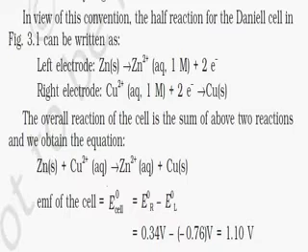Now let us take an example of the Daniell cell, because you are familiar with the Daniell cell. To understand this, see page number 69 of your textbook. The left electrode, that is the oxidation half reaction, can be written as Zn.